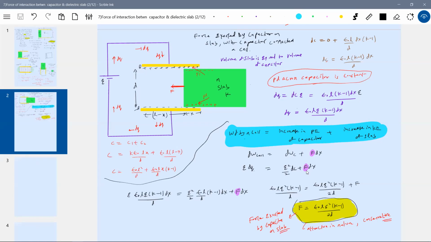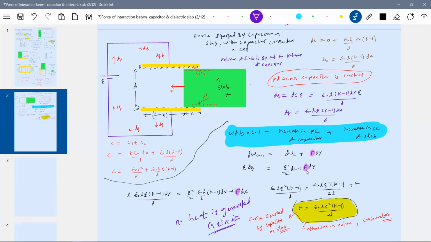Somewhere we have to write this very clearly: in the entire process, no heat will be generated in the circuit. I think this is a very important condition.